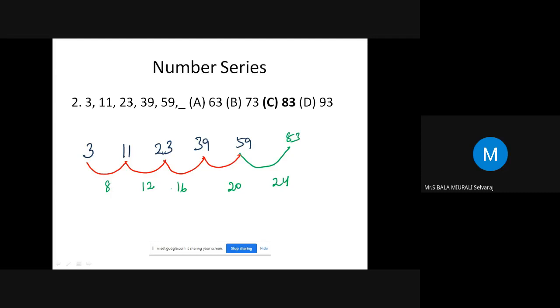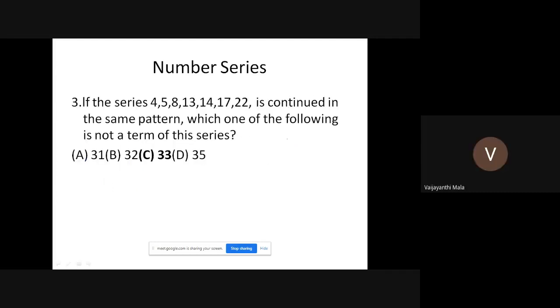Understood? Yes, sir. Next, the series 4, 5, 8, 13, 14, 17, 22 is continued in the same pattern. Which of the following is not part of the series? Can anybody answer this? Very simple.